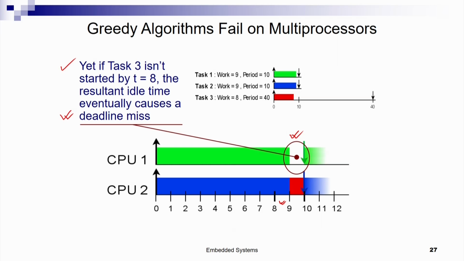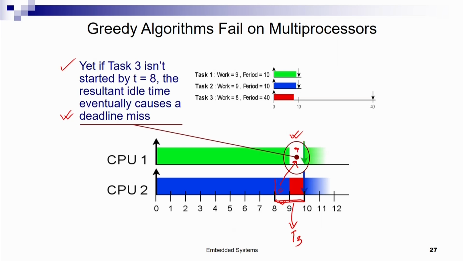So, if task 3 was started at 8, what would happen? Suppose we executed this blue task, which is T2, up to 8, and then we executed task T3 for these 2 time units here. Then we could migrate this task T2 from here to here, and one remaining slot of execution of T2 could be executed here.